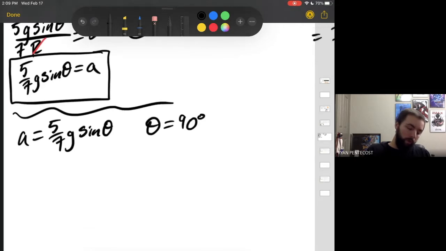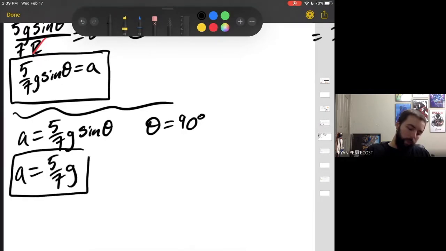So acceleration is 5/7 g. Well, that's weird, right? So if you roll down a straight incline, you're at 90 degrees, but you are assuming pure rolling, which means that your sphere is in constant contact with the plane as it goes down the 90-degree plane.